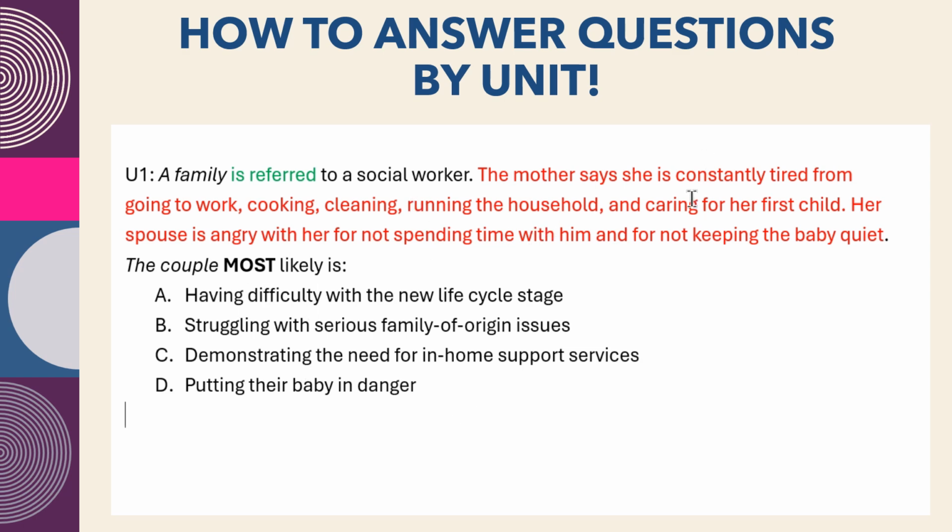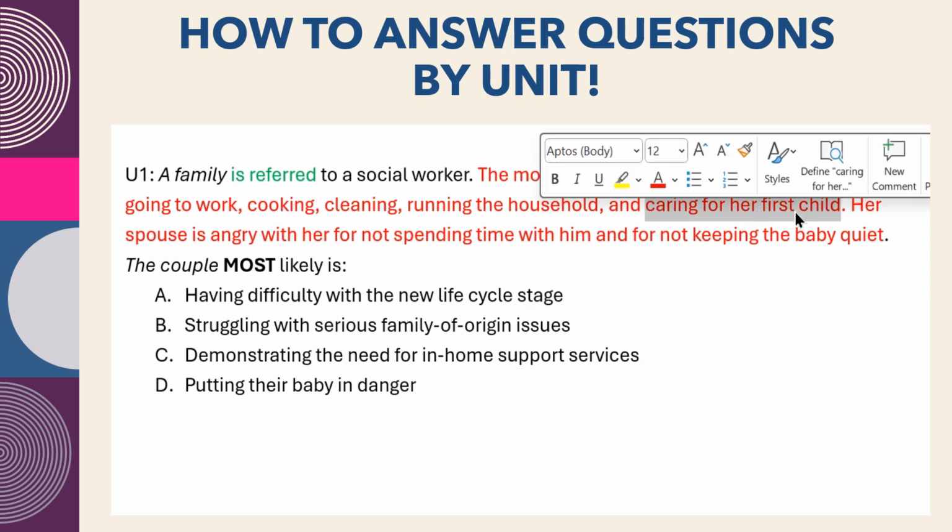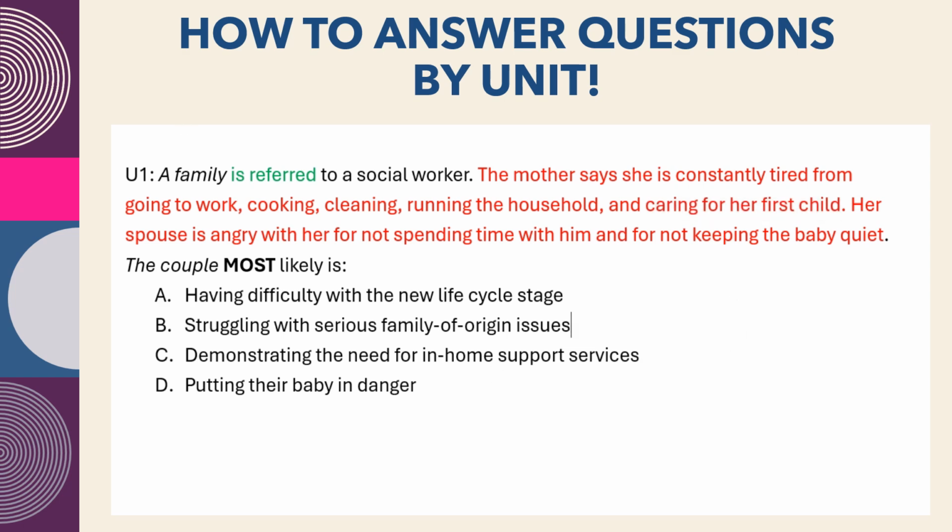The information given here is basically she's constantly tired. She's working, cooking, cleaning, running the household, and she's caring for her first child. It doesn't say how old the child is, but down here it lets you know that this is also a baby, okay?